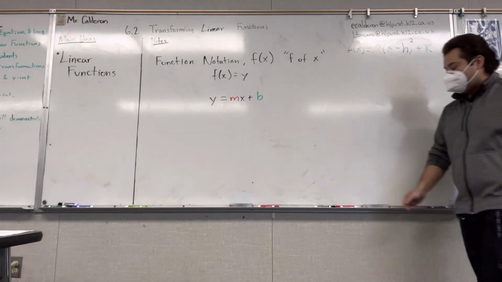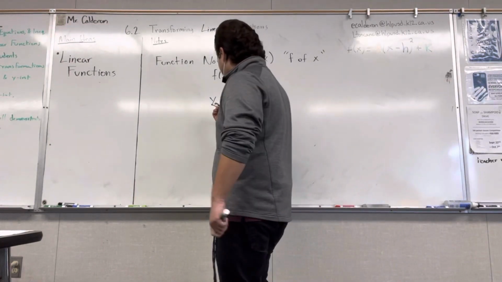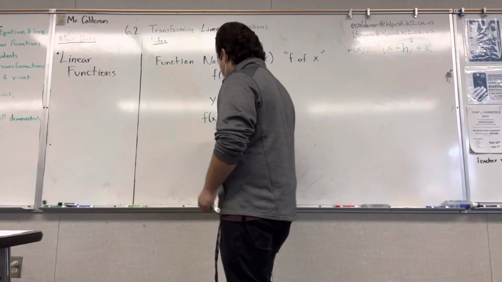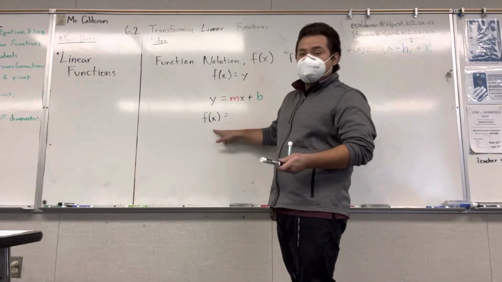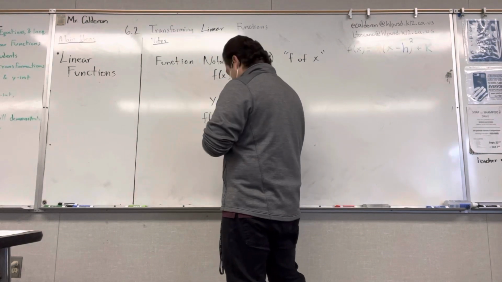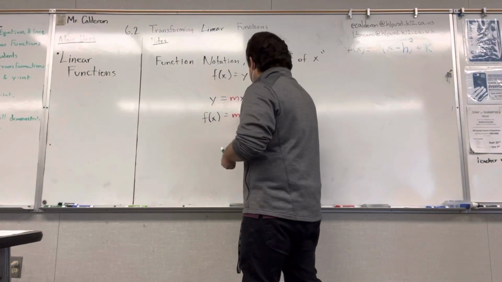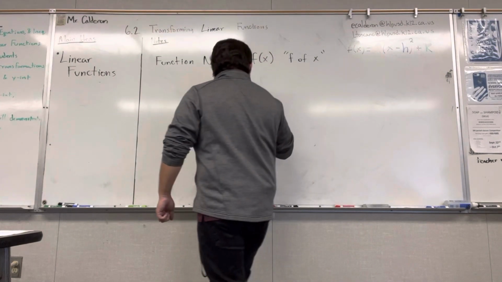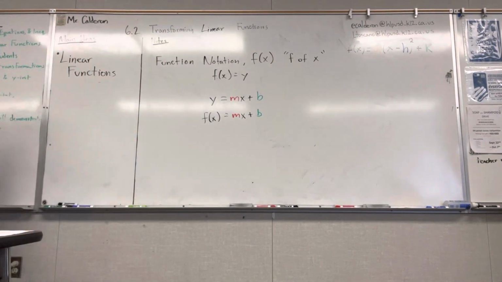So then the new way, I don't want to throw anyone off, all that's changing is our notation. Instead of writing y, we now just use f of x, but it's the same idea. Instead of saying y is equal to mx plus b, we say f of x is equal to mx plus b.